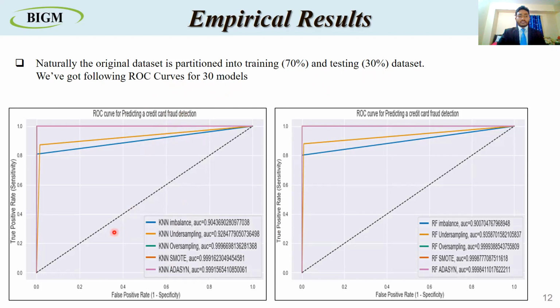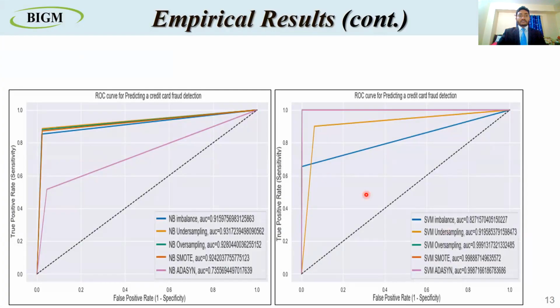Here, the first ROC curve is showing the performance of the KNN classifier on the imbalanced dataset, KNN on the undersampled dataset, KNN on the oversampled dataset, KNN on the SMOTE dataset, and KNN on the ADASYN dataset. And the AUC values are there. The second graph, ROC curve, is showing the performance of the random forest classifier. The third graph is showing the performance of the naive Bayes classifier, where the fourth graph is showing the performance of the SVM, support vector machine classifier.